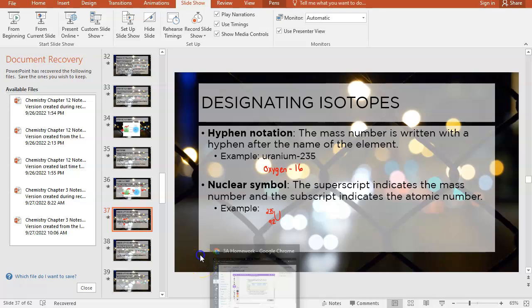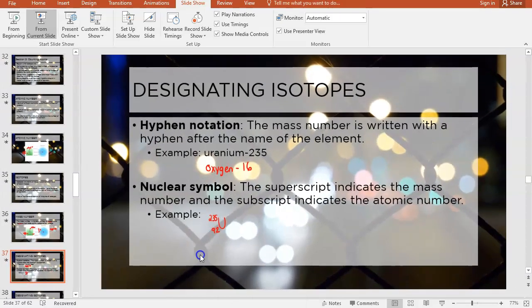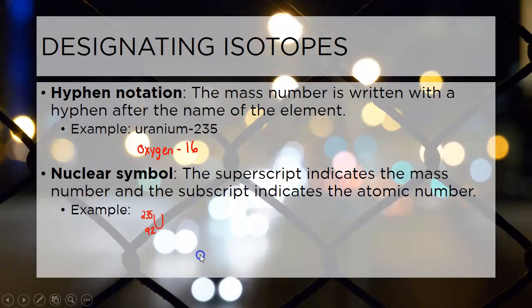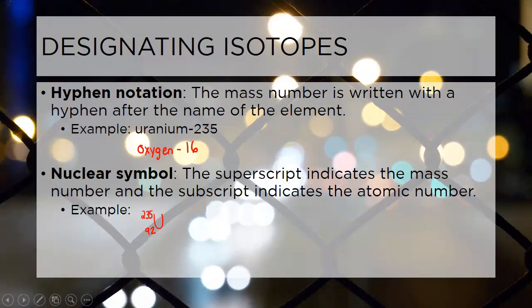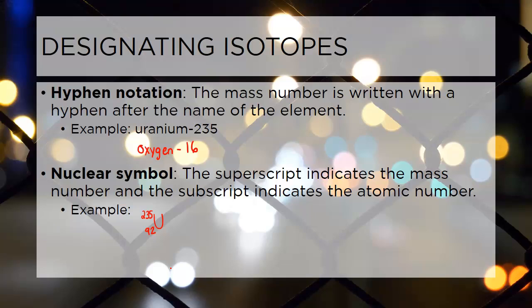So how we write that in nuclear form is we put the mass number, the 235, on top, and the atomic number on the bottom. I'll show you that with oxygen. It's a little simpler.